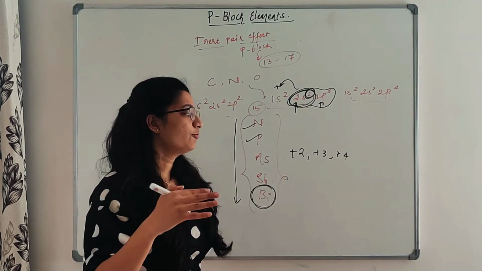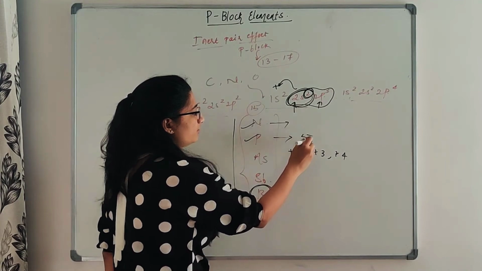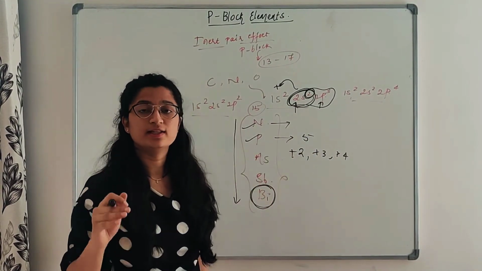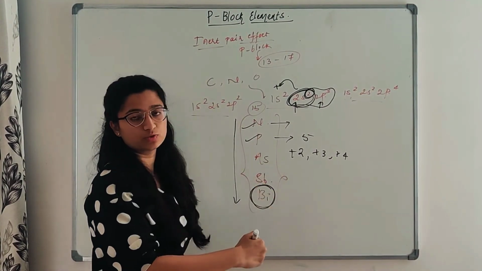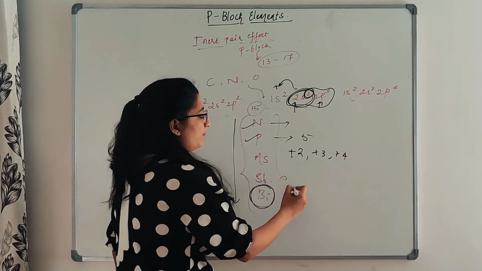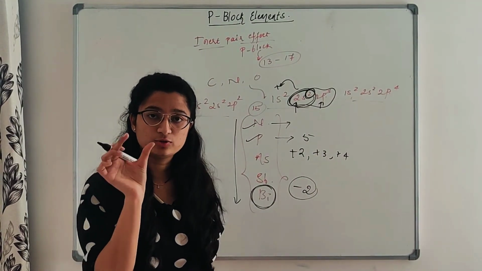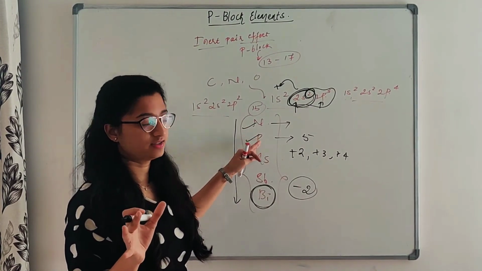For example, just for the example I am explaining to you, if the element above has a +5 oxidation state, then for bismuth, as we move down the group, there is a decrease of 2 units: lesser than the above element's oxidation state will be seen.